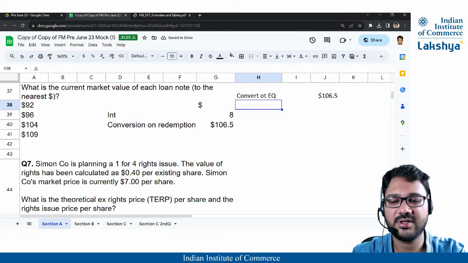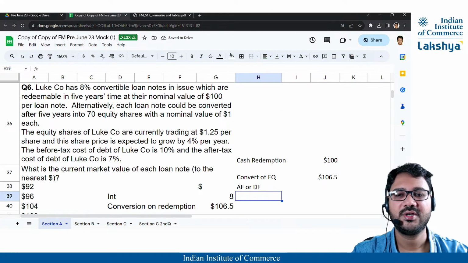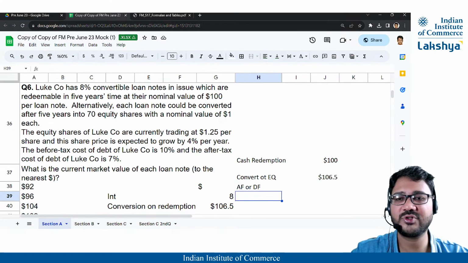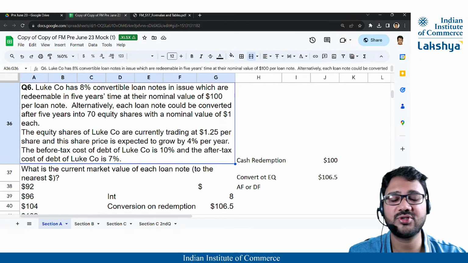Then we need our annuity factor or discounting factor. Sorry, we need the discounting rate first. Now, discounting rate we have two, 10% and 7%. A lot of times in a hurry, people will discount at the coupon rate, but they need to discount at the yield or the cost of debt.